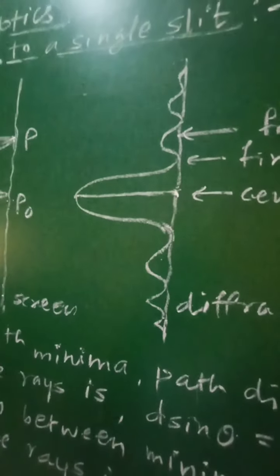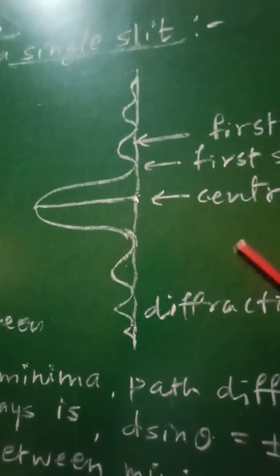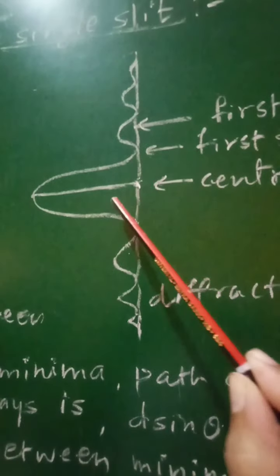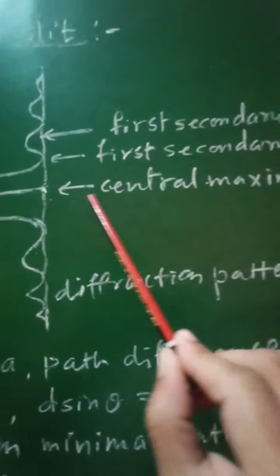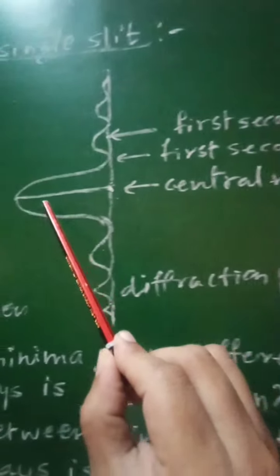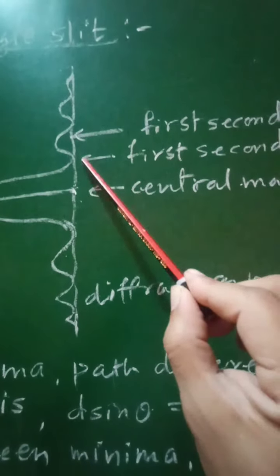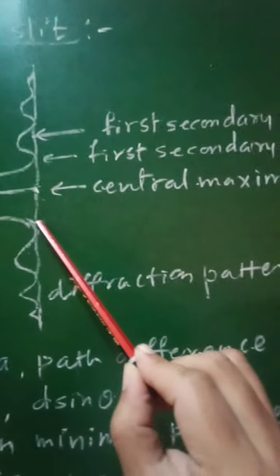The diffraction pattern produced due to this Fraunhofer diffraction is as shown. This represents the central maxima having its highest intensity. On either side of the central maxima there will be the first secondary minima having minimum intensity.